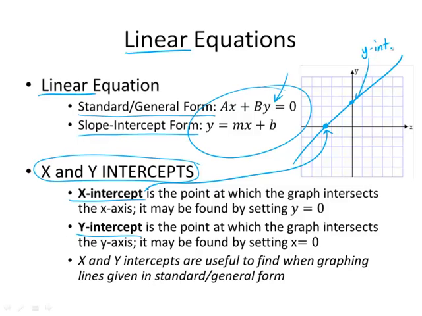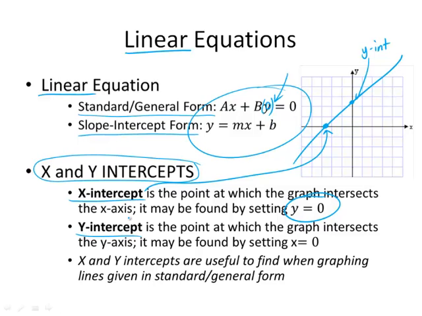Now, how would you find these points? You'll notice that if it's crossing the x-axis, that means your y value has to be 0. So what you can do is plug in y with a 0 and find your x.